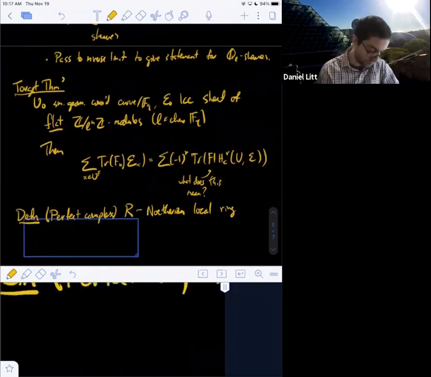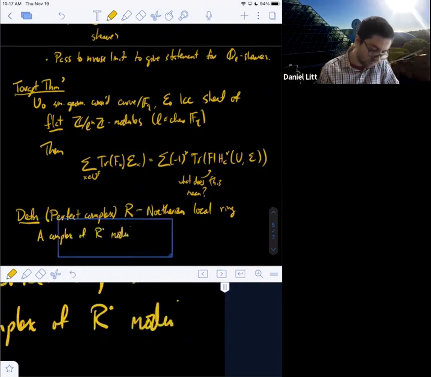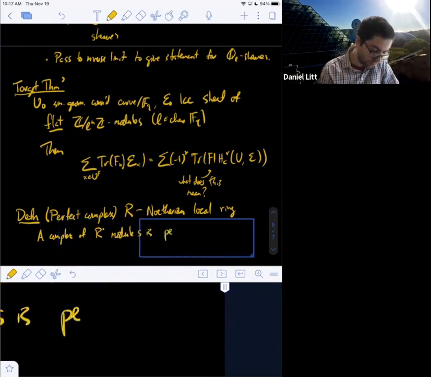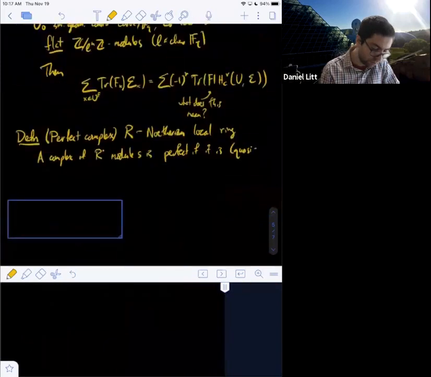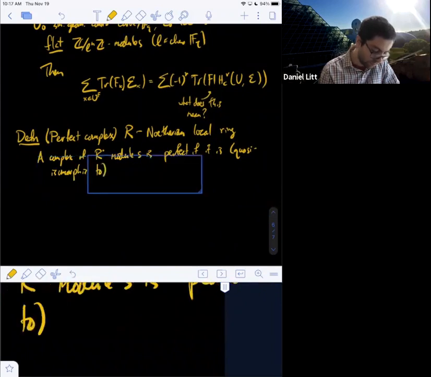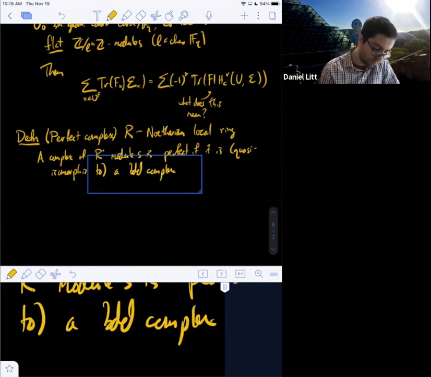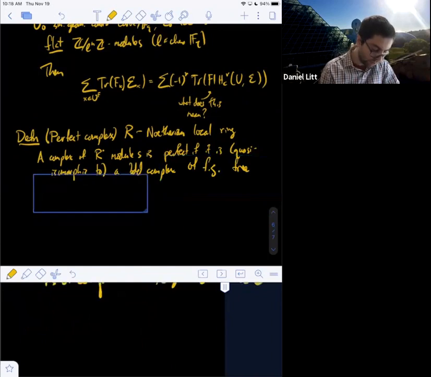So the definition is: a complex of R modules is perfect if it is, let's say, quasi-isomorphic to a bounded complex of finitely generated free R modules.